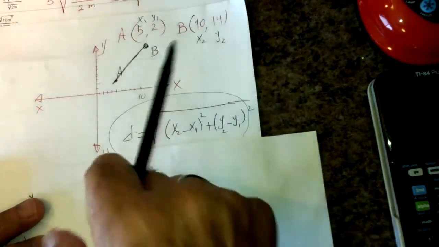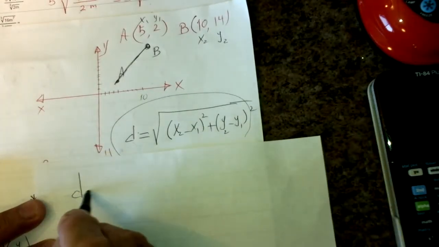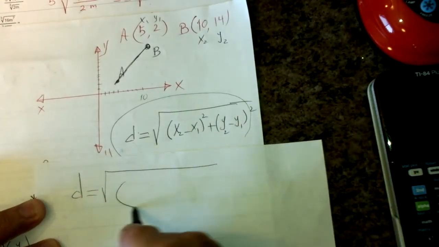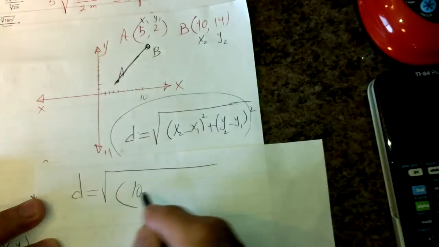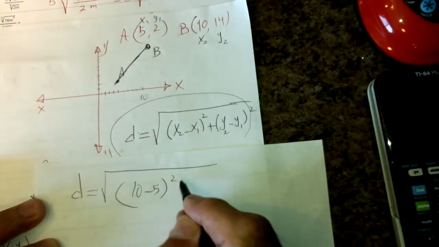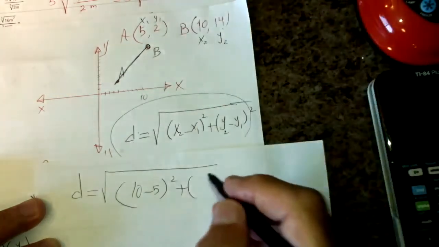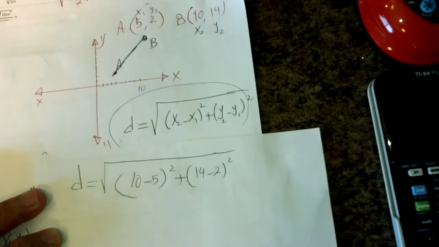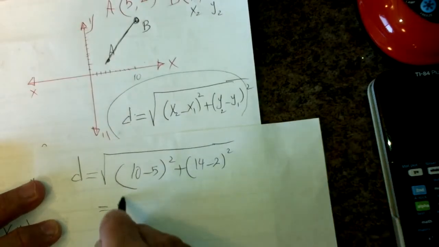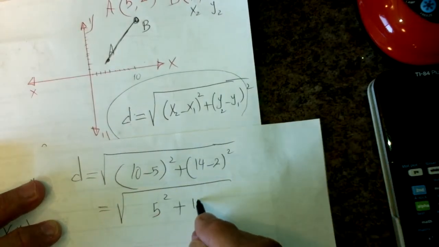It really doesn't matter which one is x1 or y1, but here, D is the square root of x2 minus x1, which is 10 minus 5 to the power of 2, plus y2 minus y1, which is 14 minus 2 to the power of 2, which is 5 to the power of 2 plus 12 to the power of 2.